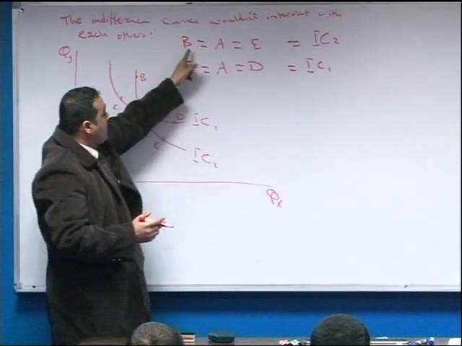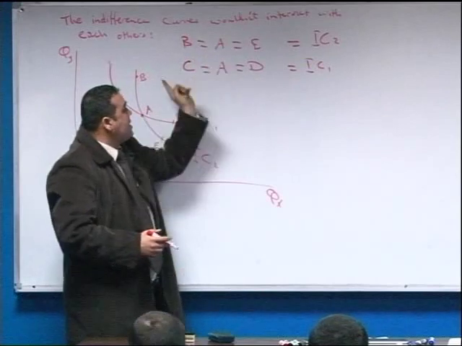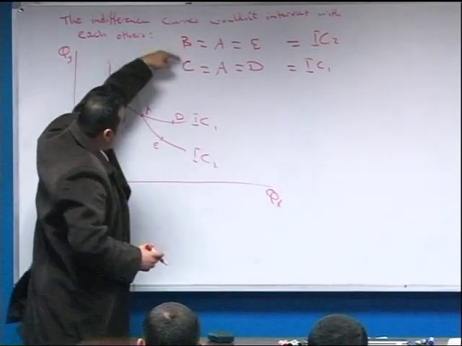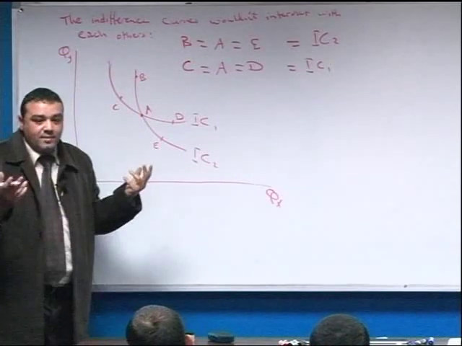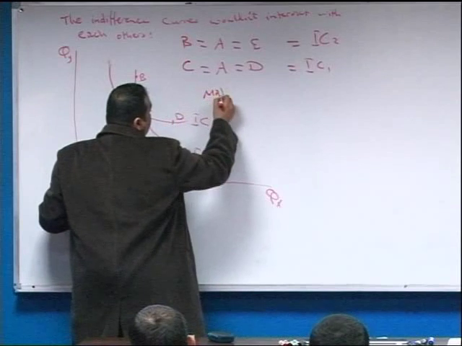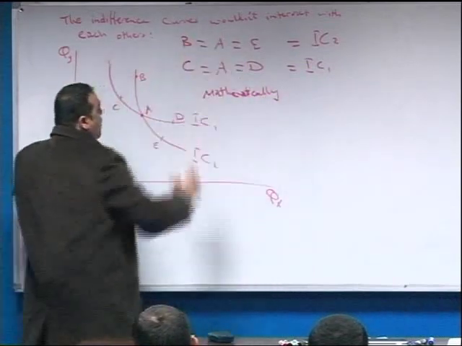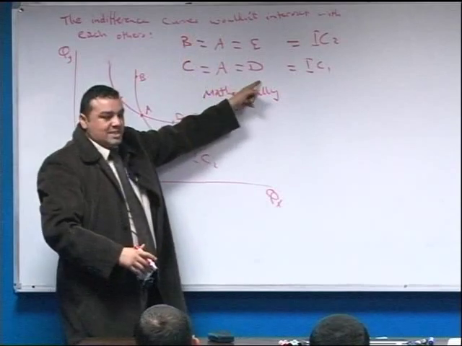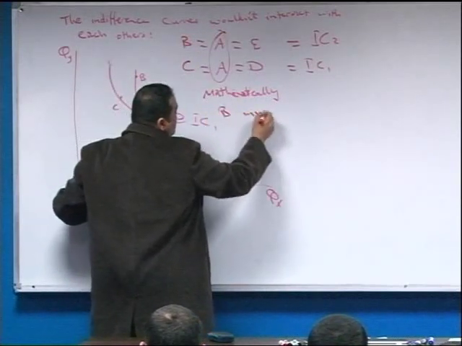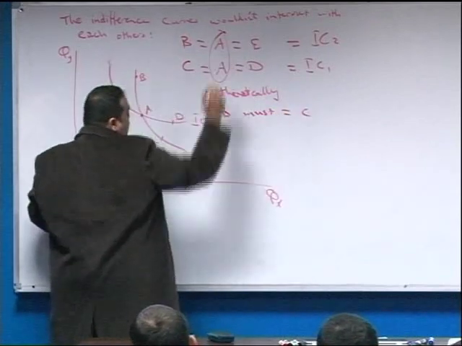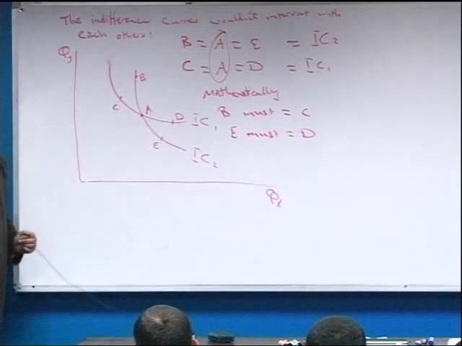Mathematically, if B equals A equals E, and C equals A equals D, in this case B must equal C, and E must equal D. And that's illogical. Let's come back to the graph.